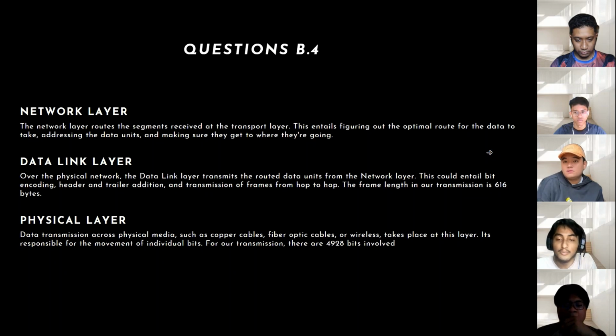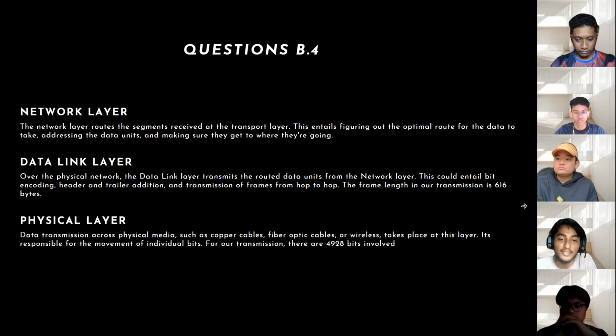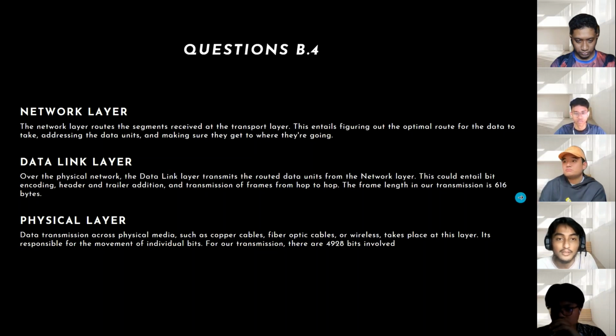Data link layer is also responsible for the transmission of the frame. So for our transmission, we use the frame length of 616 bytes. Last but not least, the physical layer is data transmission across the physical media such as the cables, fiber optics, and wireless. So for our transmission, we are using wireless connection, and there are 4,928 bits involved. So I will pass to the next presenter.